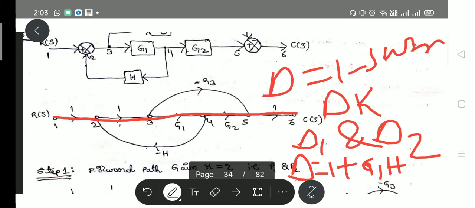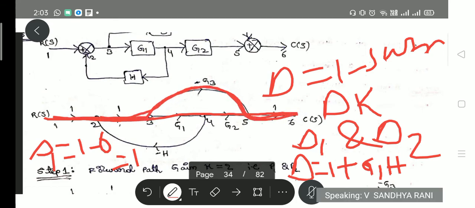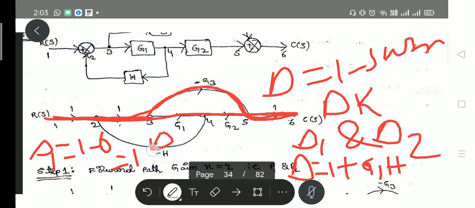So the delta 1 value is 1 minus 0, that is 1, right? Next delta 2. So I am taking the second forward path. The second forward path also touches this loop. So the delta 2 value is also 1.